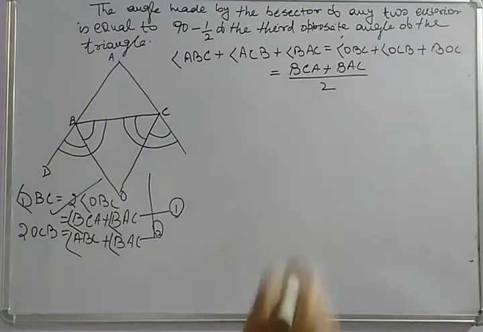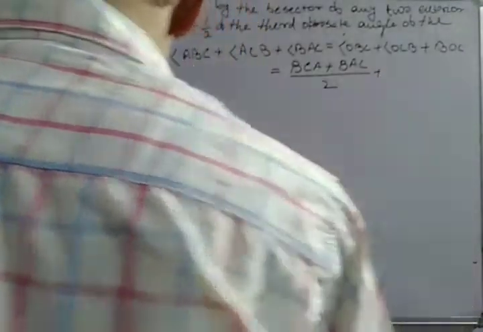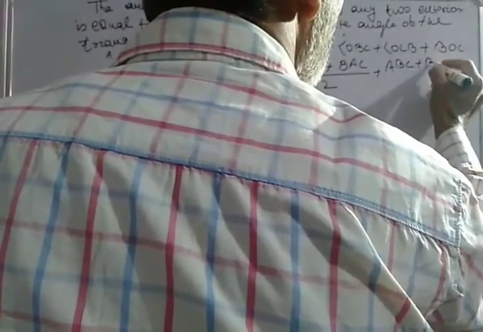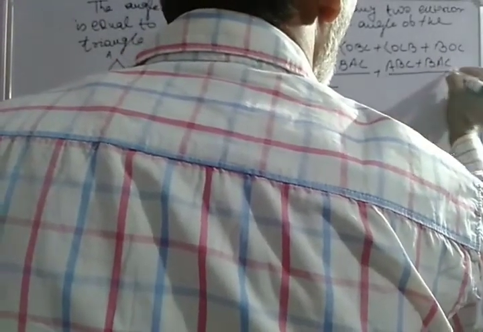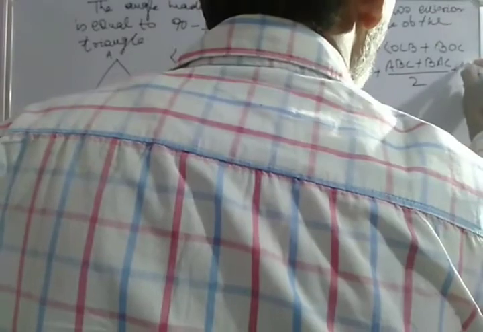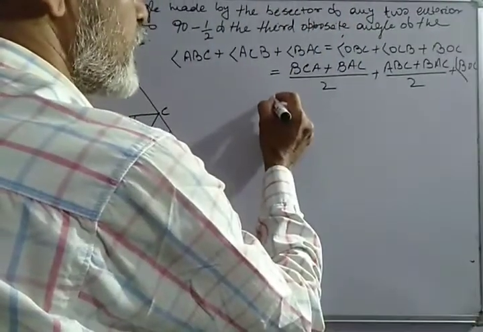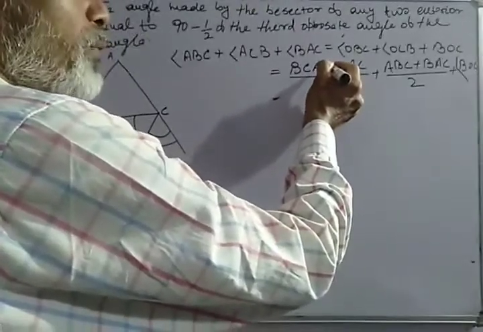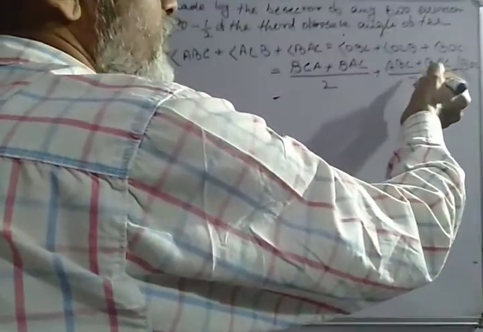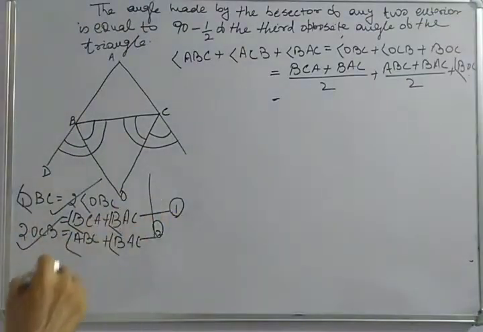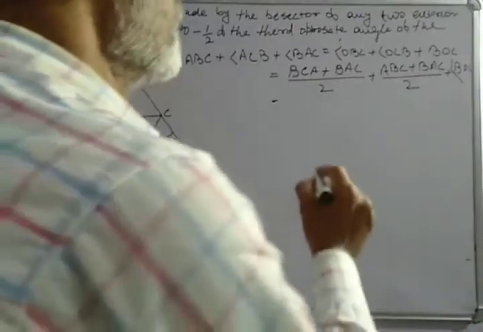Next, OCB plus this one, this is ABC plus BAC by 2, plus BOC as usual. According to equation 1 this is the format, and according to equation 2 this is the format.